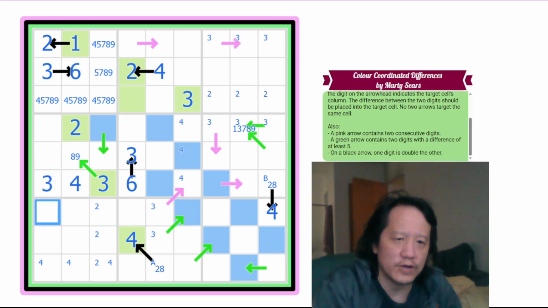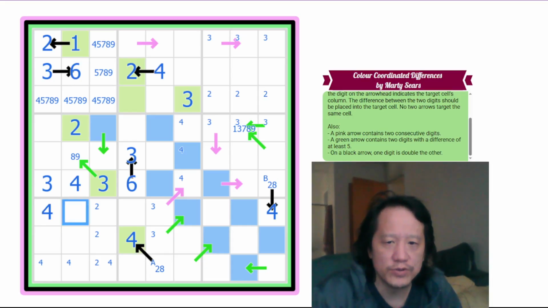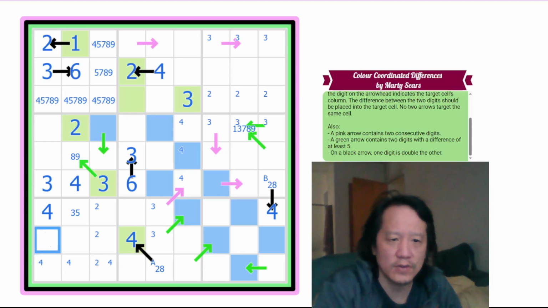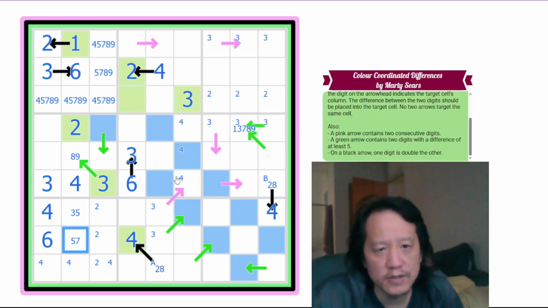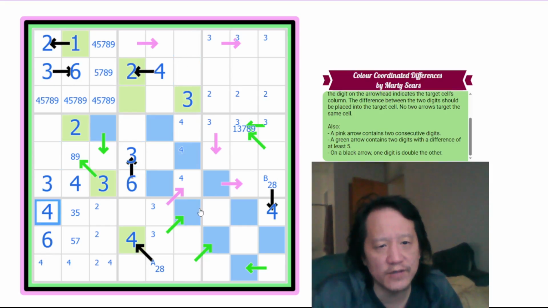3, 4. We have 1 out of 4, 3. So 4 with 3 or 5. We have 1 out of 6, 5 or 6, 7. And then we have 1 out of 5, 6 or 7, 6.